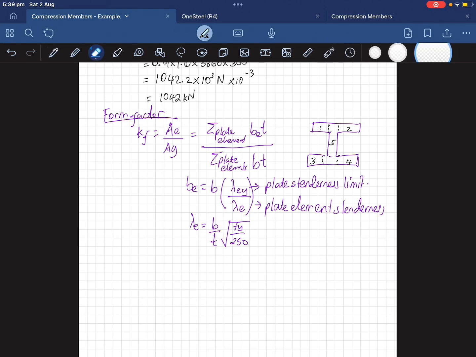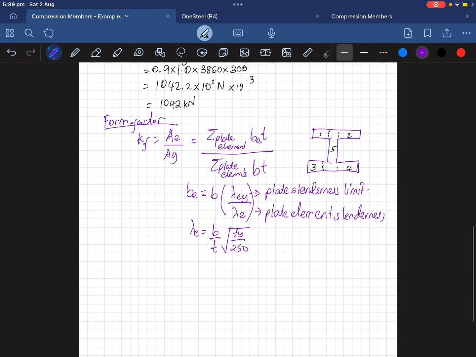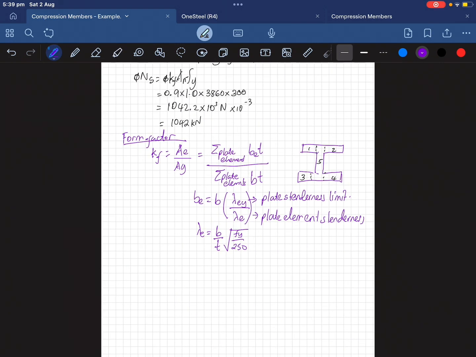But let's backtrack again, okay? Let's say you have a section that has a high B on T ratio. What happens in that case? That means that the plate elements are much wider than they are thick.